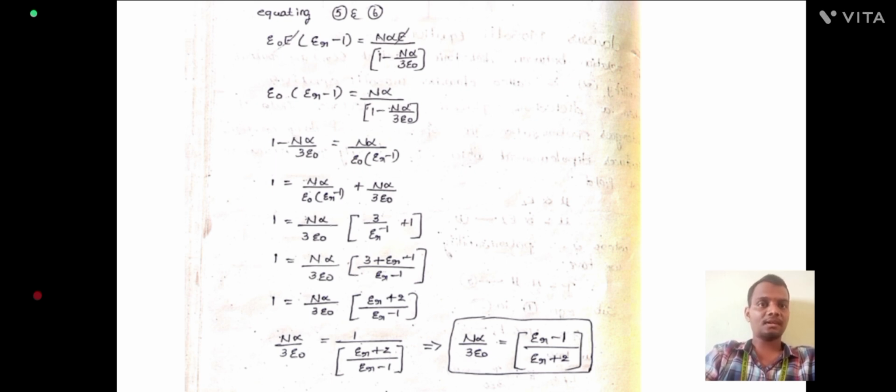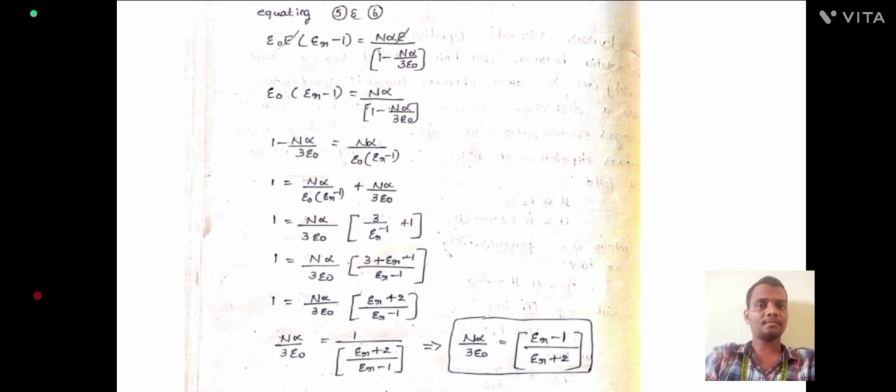Rearranging, 1 minus N alpha by 3 epsilon naught is equal to N alpha by epsilon naught times epsilon r minus 1 whole to the power of minus 1.